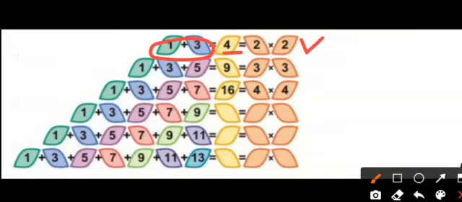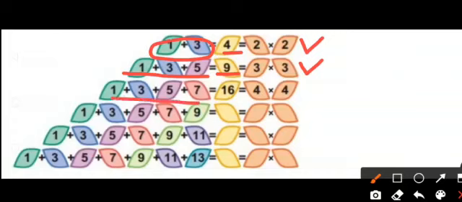In the second step, add the next odd number, that is 1, 3 and 5. What do you get? 9. Means 3 3s are 9. Same way, you have to add the next odd number at every step and see what you get in the answer.